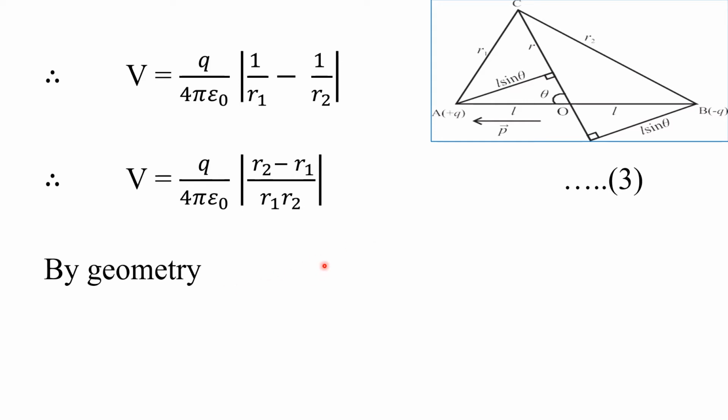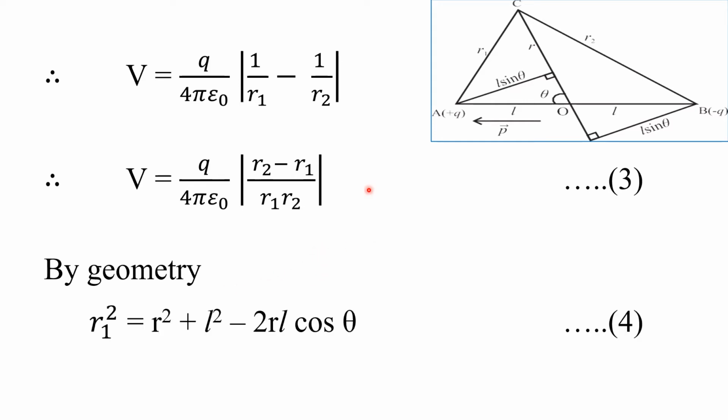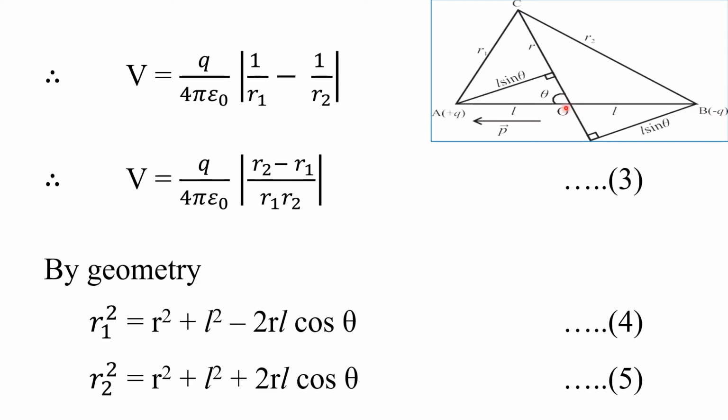By the geometry of the figure we can use the cosine law. Cosine law for triangle AOC: the side opposite to theta is R1. Therefore R1 square is equal to R square plus L square minus 2RL cos theta. Again the cosine rule for triangle BOC: the angle here is pi minus theta.